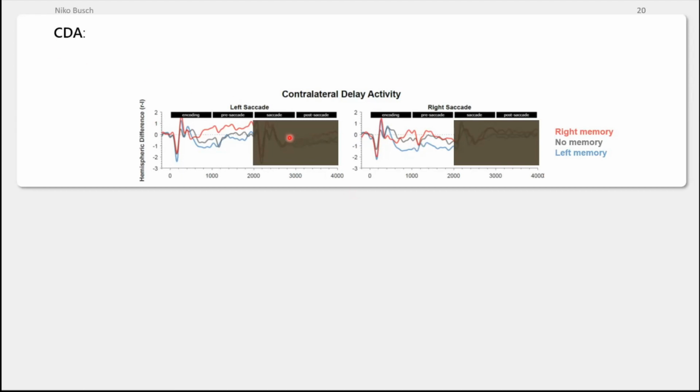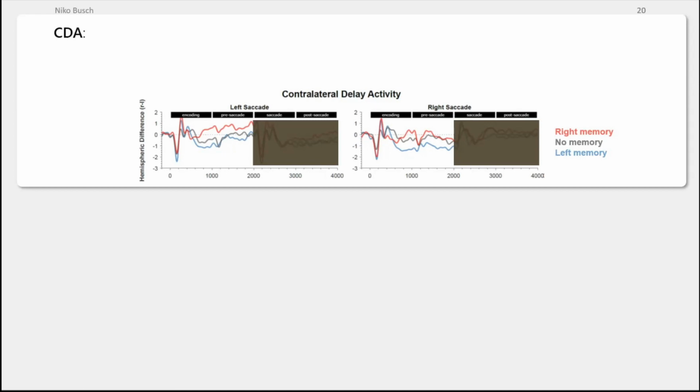So here, we see the activity during the maintenance interval before the saccade. And you see there's a strong difference between blue and red. Those are the conditions where you memorize the stuff on the left versus the right. That makes a strong difference, and that's a lateralization effect.